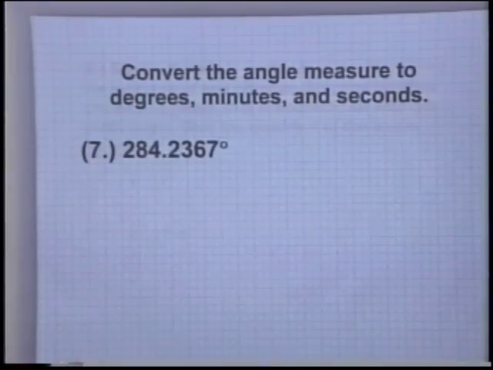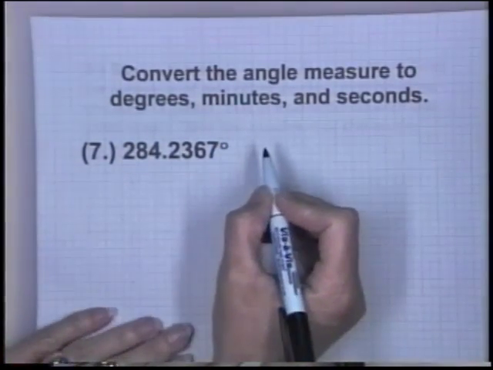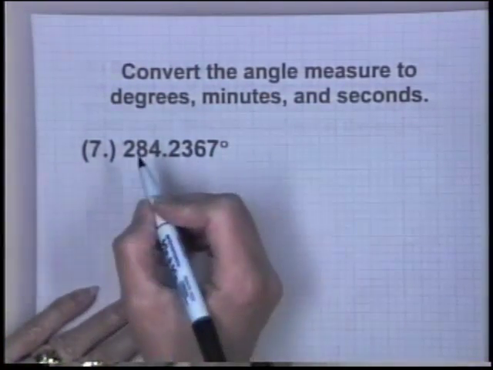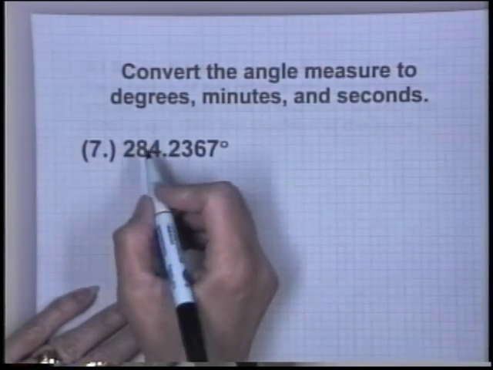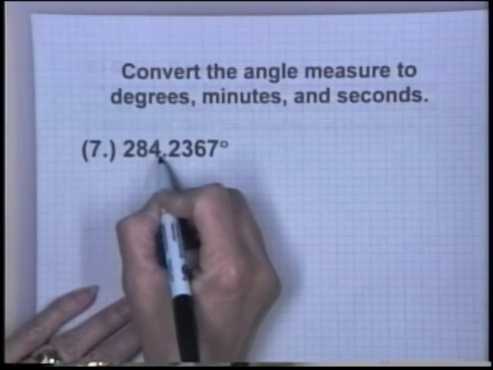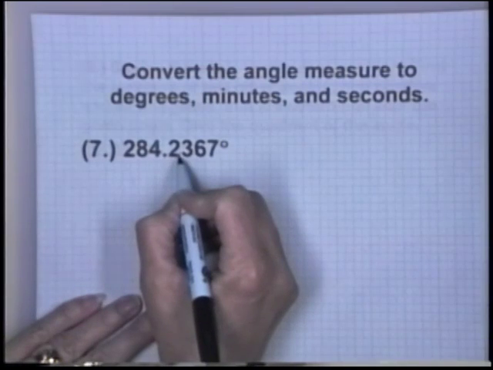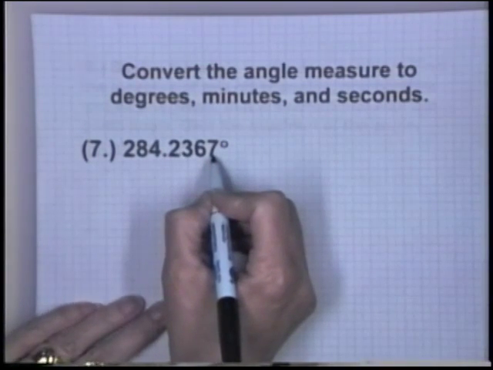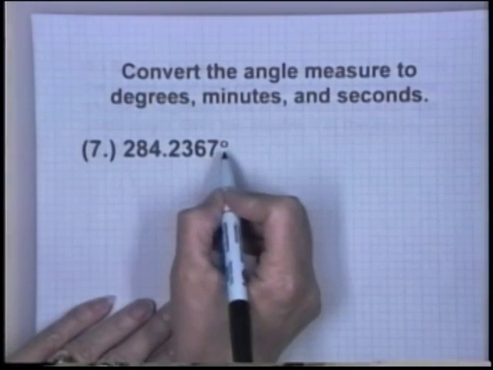The next problem that we will work will convert decimal degrees to degrees, minutes, and seconds. Okay, what we have here is an angle in decimal degrees. It measures 284 and 2,367 ten-thousandths degrees.